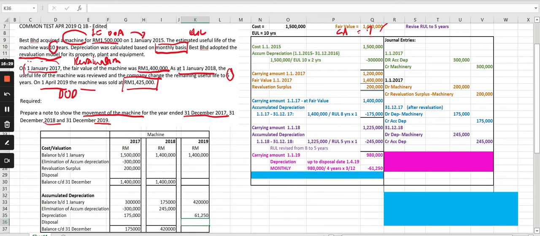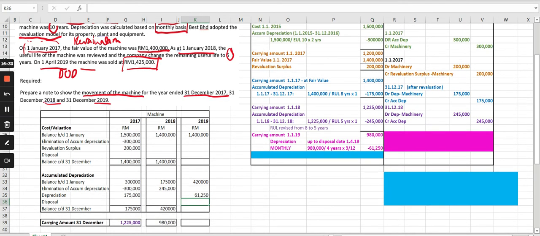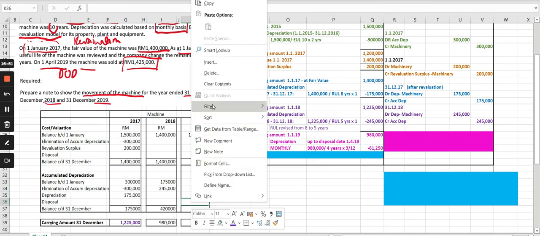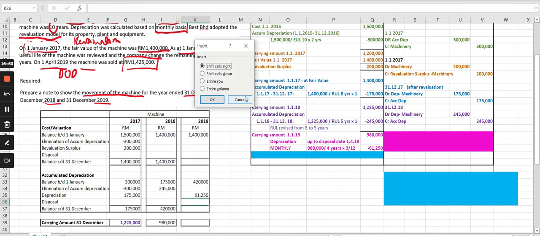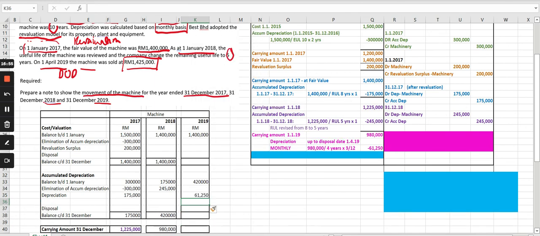Next is for you to go and dispose the asset. So when you dispose the asset, what you need to do is you need to go and also eliminate the accumulated depreciation. Let me just create one column here. Okay, I'm going to remove it here.